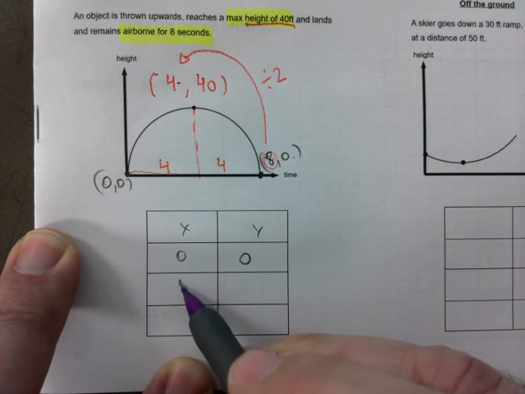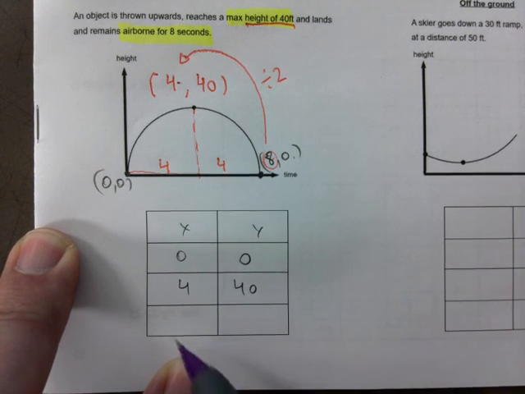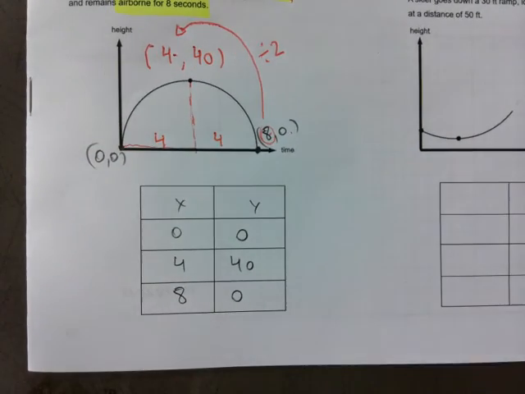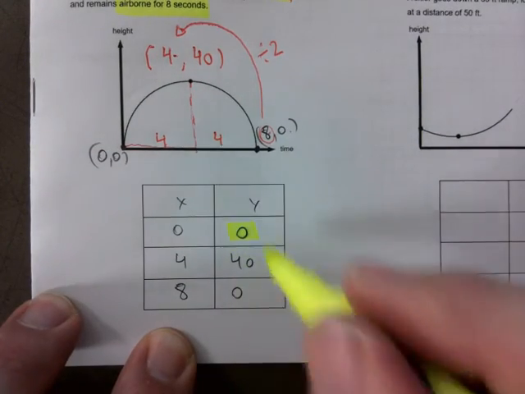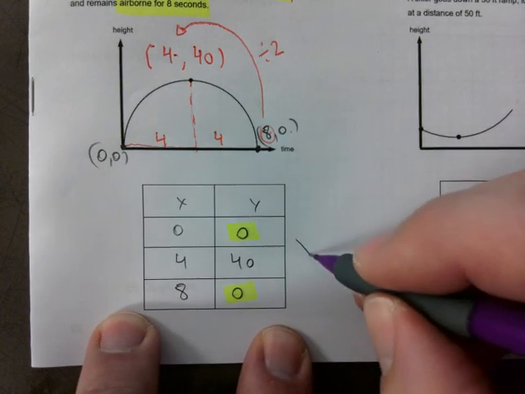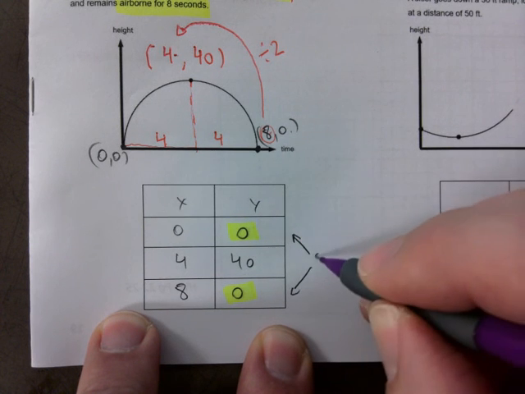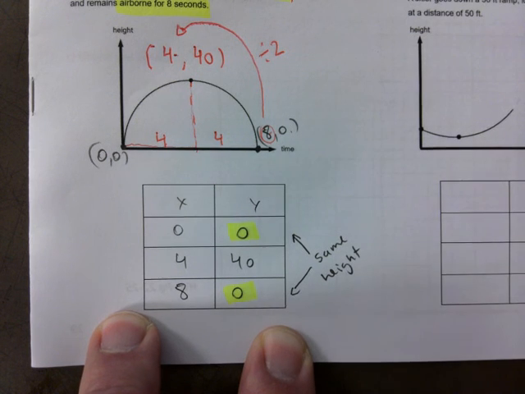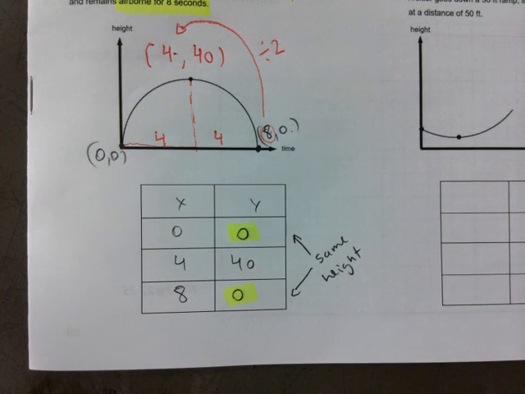So it's 0, 0, 4, 40 and 8, 0. It's probably worth highlighting again that you're on the right track when you see something like that. Same height. Same y value, right?